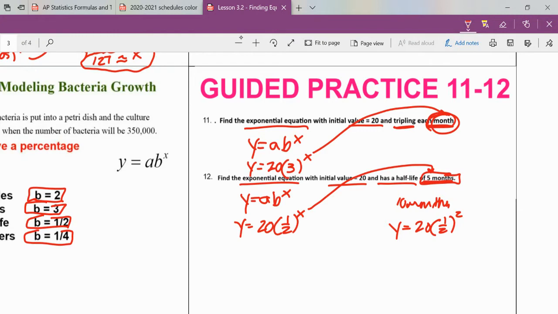If it was like 7 months, this would be y equals 20 times 1/2 to the 7/5. In 7 months is a little more than 1, or you can just think of this as 7/5, just like this one would have been 10/5, which is 2. Okay? So again, I'm just really emphasizing, just make sure you watch how they're defining the time for that.